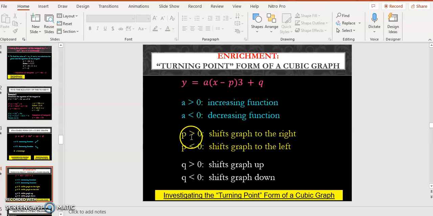If p is greater than 0, you shift the graph to the right. So if p is positive, it means you have shifted it to the right. If p is negative, you have shifted it to the left. Now if q is greater than 0, you shift the graph up. If q is negative, you shift the graph down.